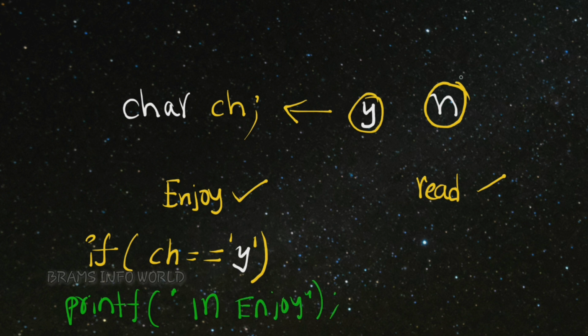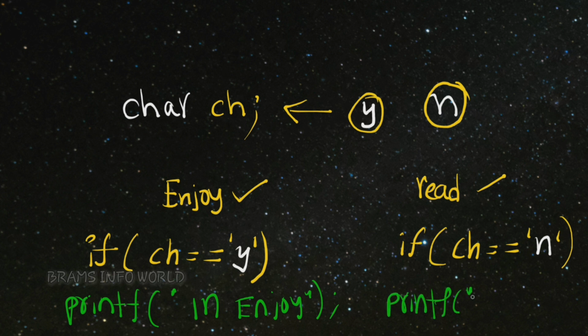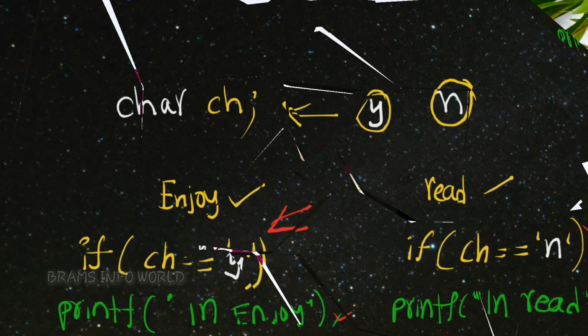Similarly, if ch == 'n', the small n must be in single quotation because it is a character, and there is no semicolon based on the syntax. So printf \n read. If you press y, enjoy is expected. If you press n, read is expected. So let us work with the examples.